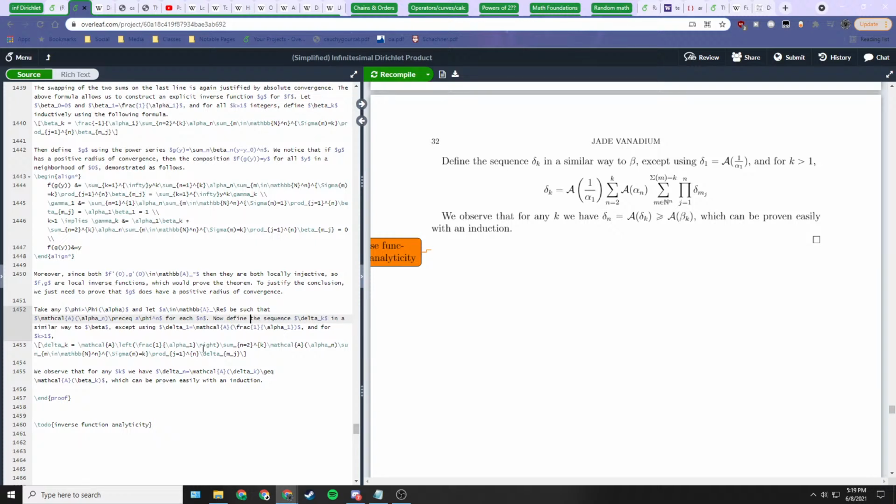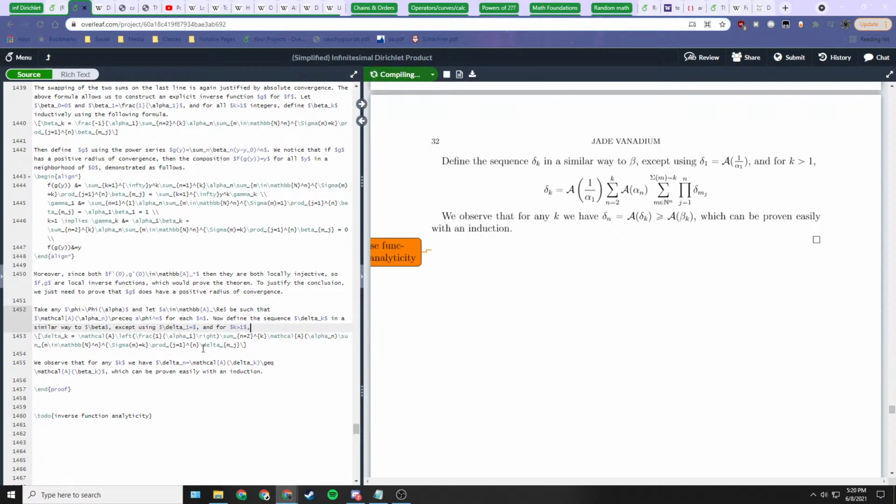Now define the sequence delta k in some way relative to beta. So after using delta 1 as the absolute value of, actually, instead of alpha 1, we'll just use A. Oops, I accidentally cut it off.